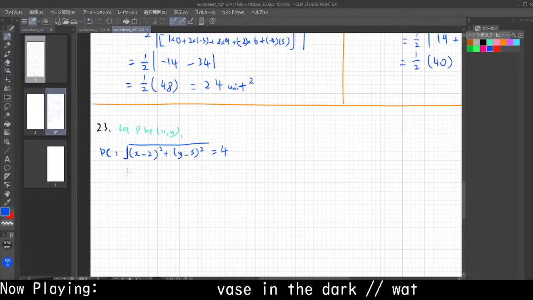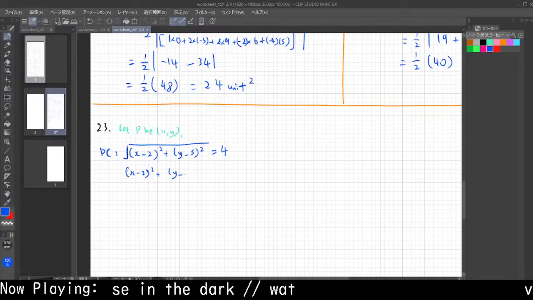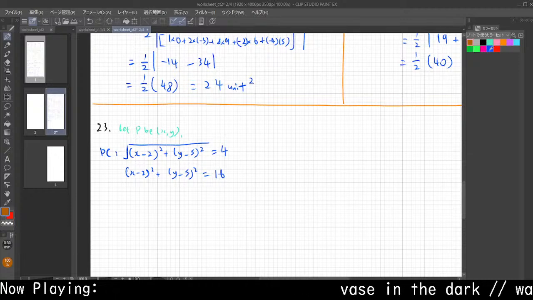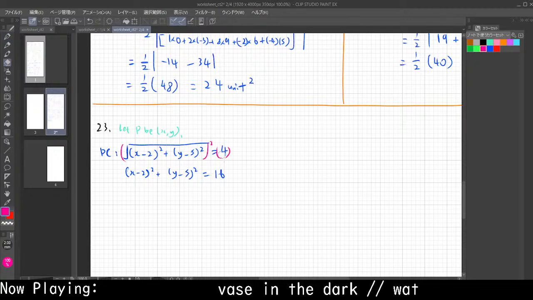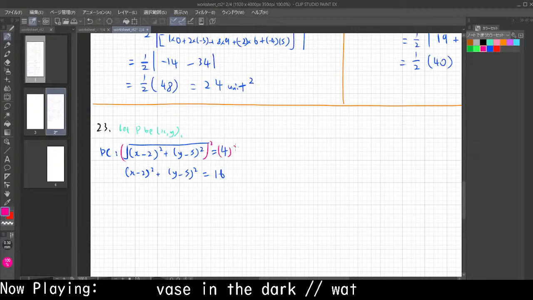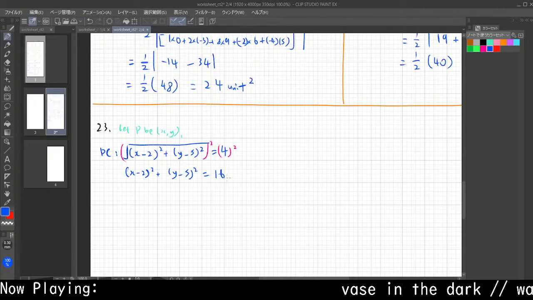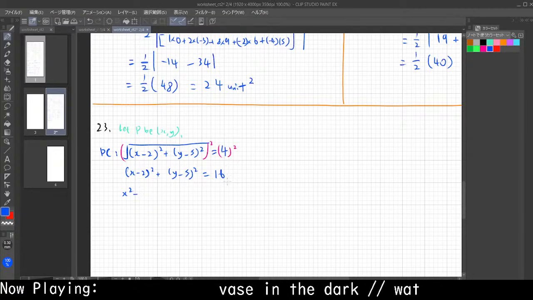Then from here on, you basically want to try to manipulate it. You want to square both sides no matter what. I'll use a different color, pink. Your square root must be removed, or else you'll be unable to proceed, because at the end of the day you will need to expand every single thing. 4 squared is 16.